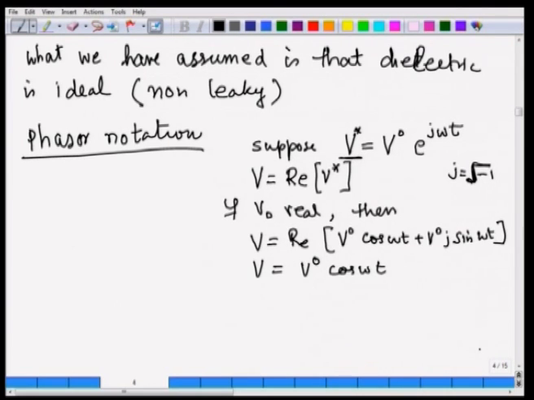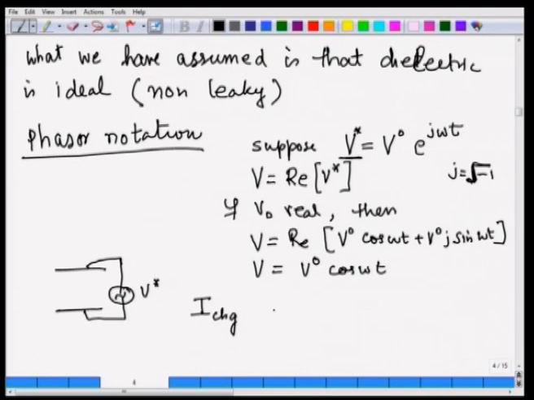Then what happens to the capacitor? That is the question. If I take a capacitor and apply an AC voltage V star, then what happens?